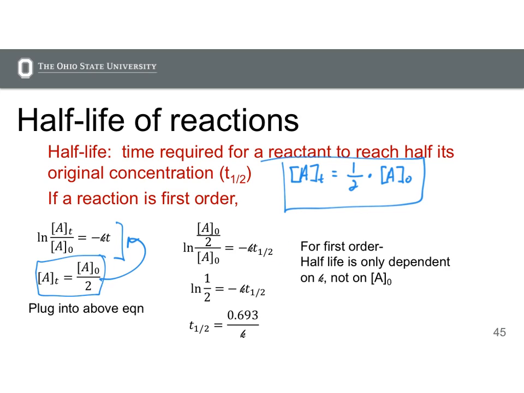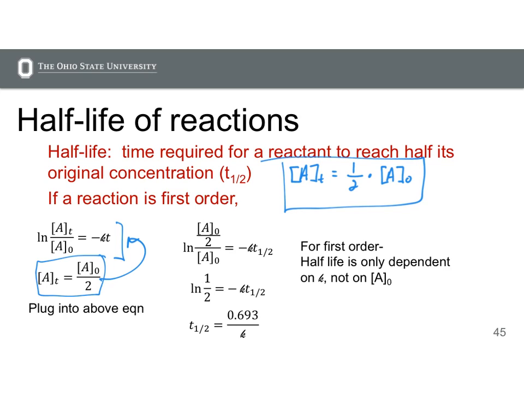So this T1/2 is just signifying half-life. When we divide out in the natural log, we get natural log of 1/2, and that's equal to minus the rate constant times T1/2. Taking natural log of 1/2 and then dividing by the rate constant, we get T1/2 equals 0.693 divided by K. So this is really cool for the first order reaction.